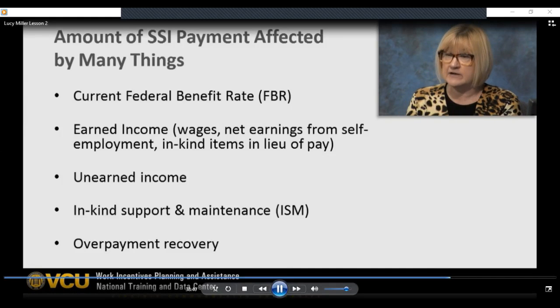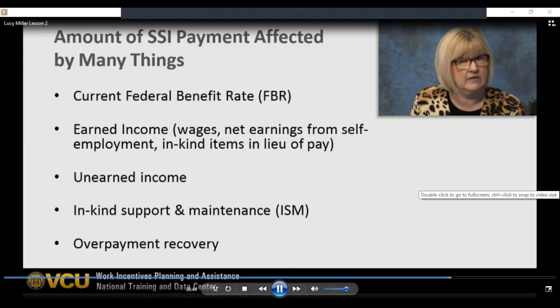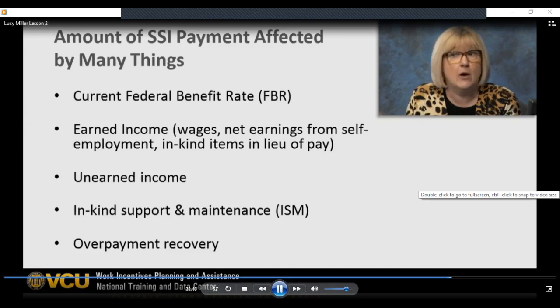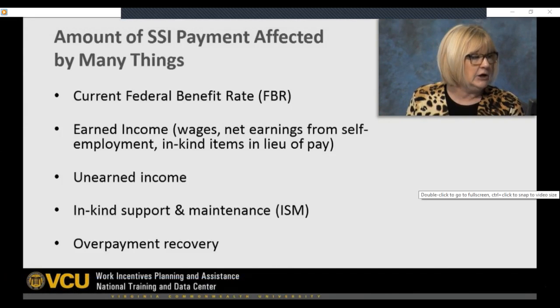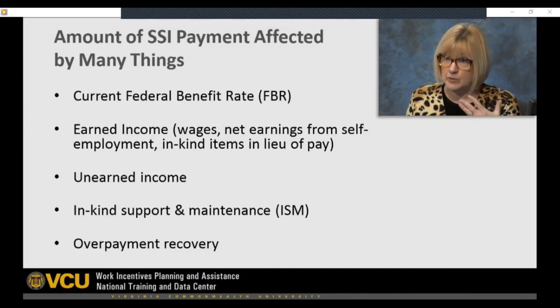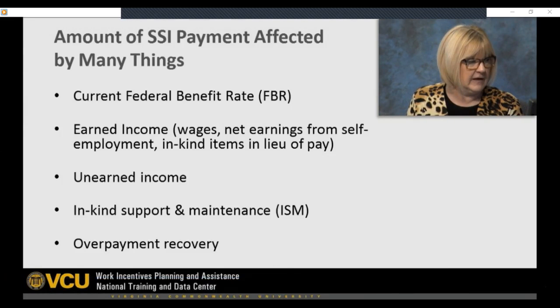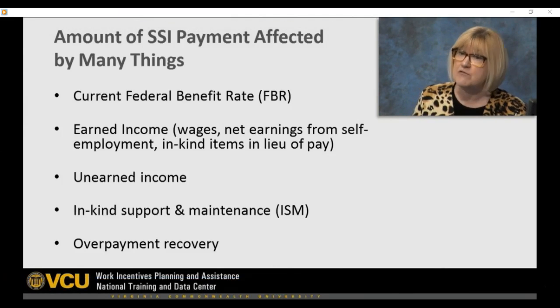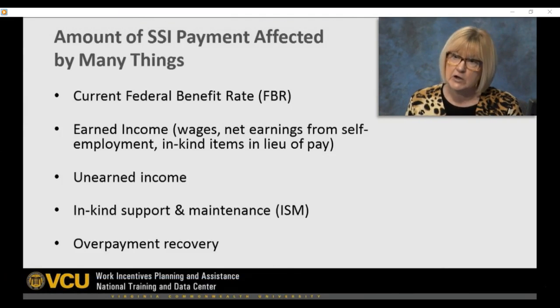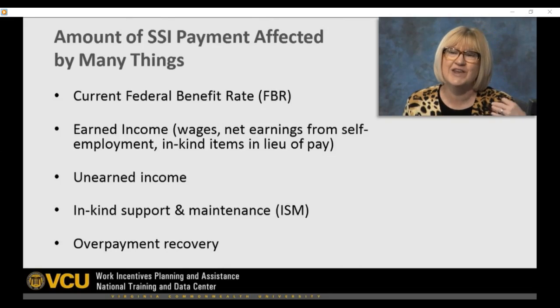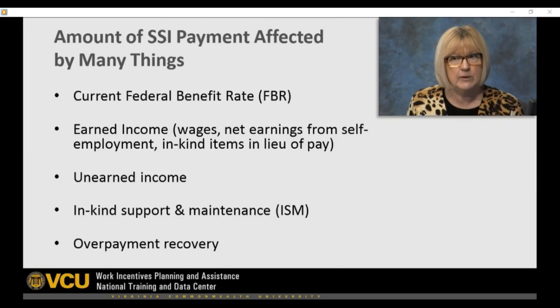Your FBR is one thing that can affect the amount of your check, because you can't get more in federal SSI than the FBR. That's just how it works. Your earned income can reduce the amount of payments that you get, because there's a mathematical formula that Social Security uses to reduce your SSI payment based on how much countable income you have.